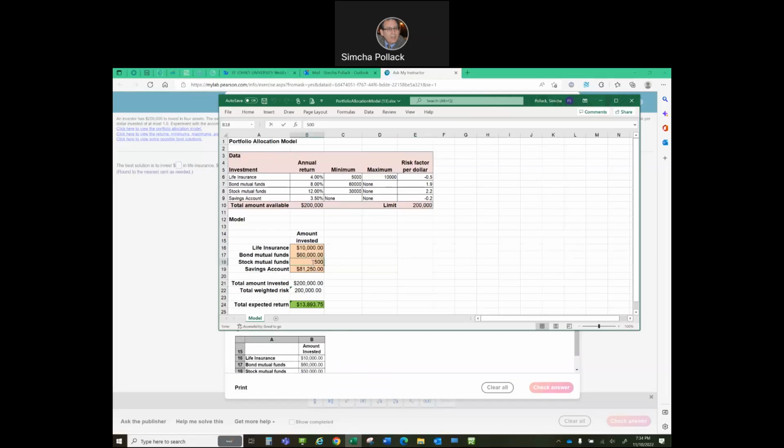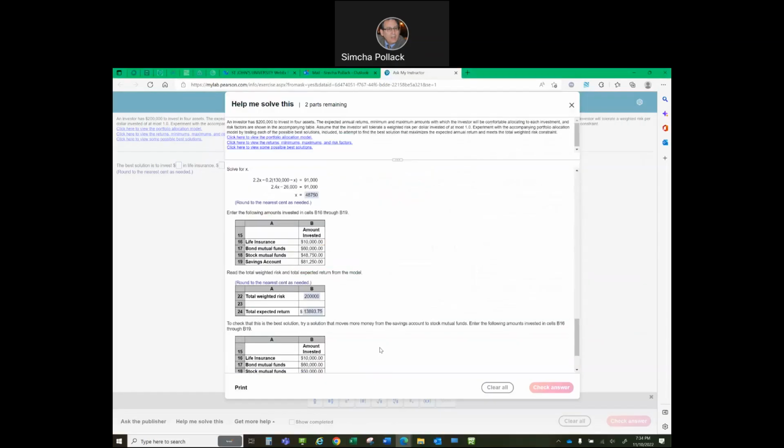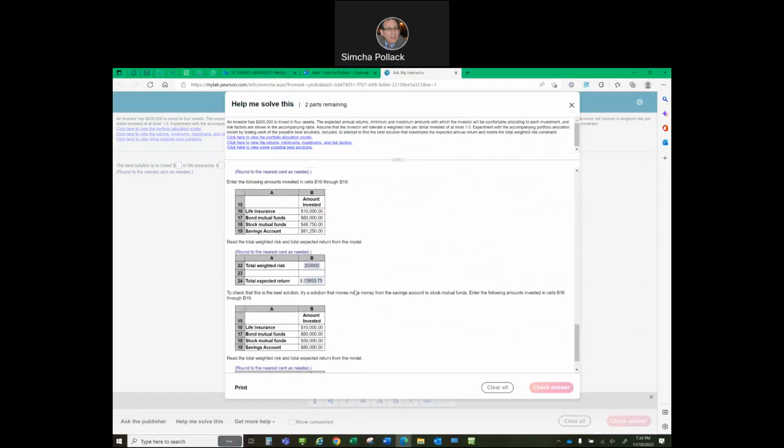Make this 50,000, make this 80,000. It still adds up to 200,000, but the risk is too high. So even though this is a higher expected return, we violated the maximum of 200,000. So our original numbers were the optimal solution.